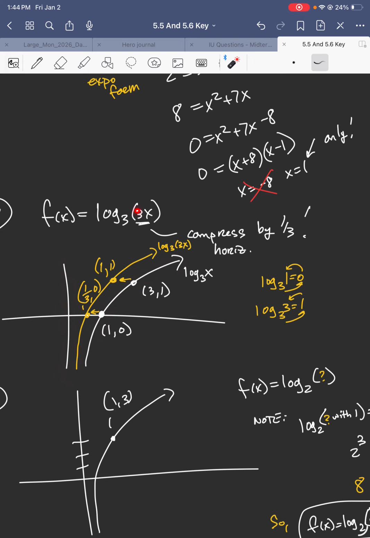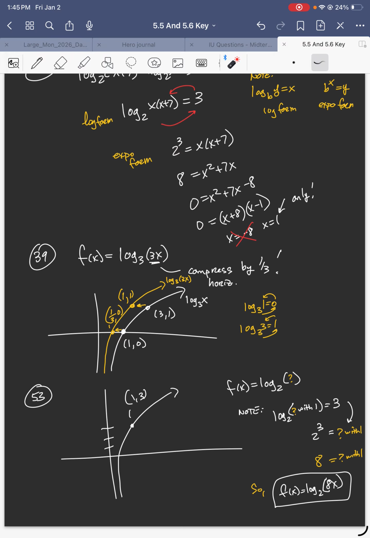So if I multiply all the inputs by 3, it does the opposite of what I think when I mess with x. So it's a horizontal compression by a factor of 1/3. So now instead of at 1 getting 0, at 1/3 we get 0. Instead of at 3 getting 1, at 1 we get 1. So it goes through all these outputs faster as it walks away from 0, 3 times as fast.